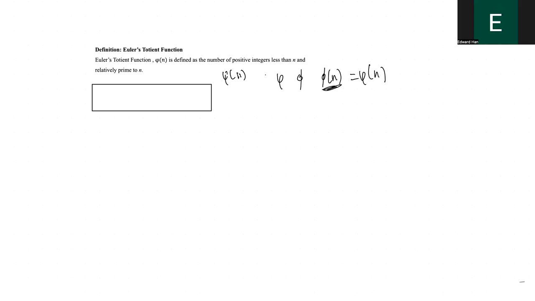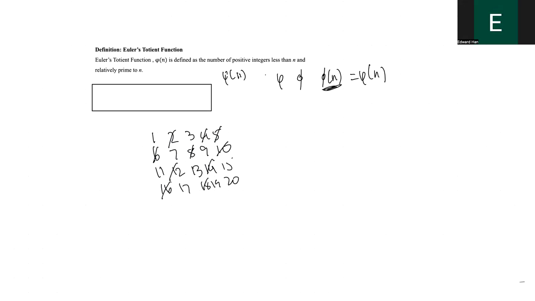So if you write out the numbers from 1 to 20, and then cross out the numbers that are not relatively prime. 1 is relatively prime, 2 and 20 have a GCD of 2, 3 is relatively prime, 4 has a GCD of 2, 5 has a GCD of 5, 6 has a GCD of 2, 8 has a GCD of 2, 10 has a GCD of 10, 12 has a GCD of 4, I think. 14 has a GCD of 2, 16 has a GCD of 4, 18 has a GCD of 2, 15 has a GCD of 5, and 20 has a GCD of 20.